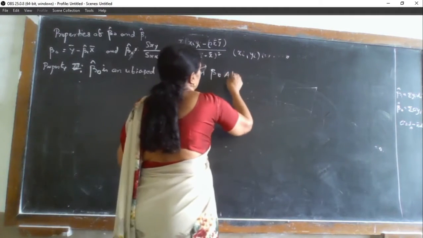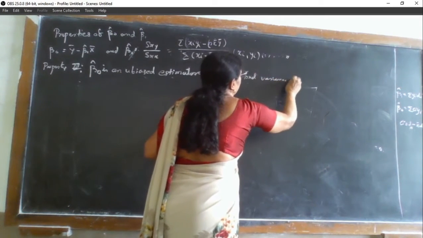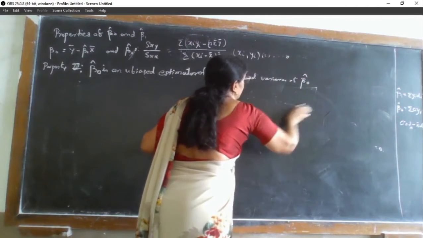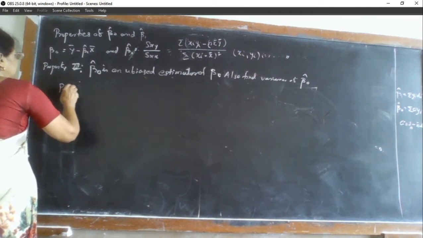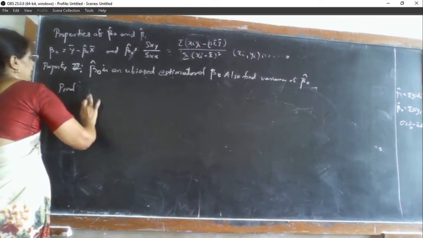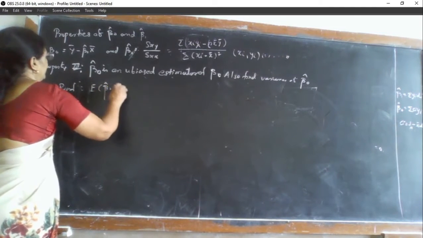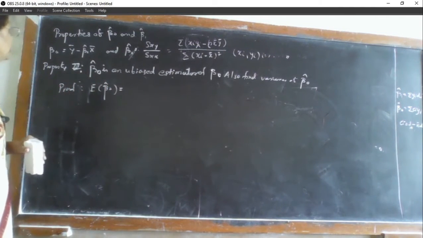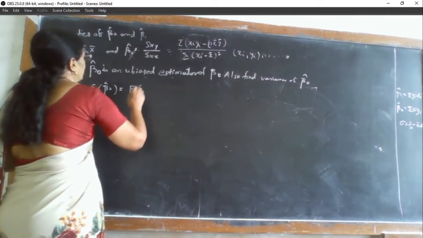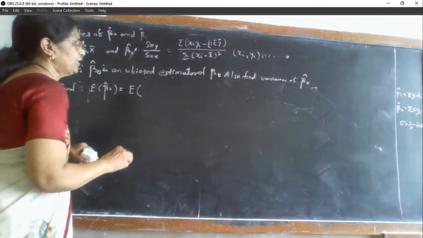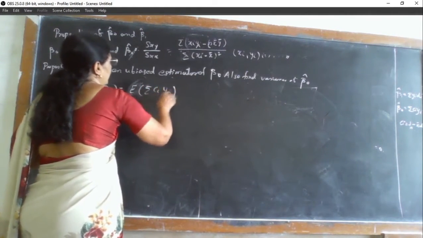We will also find the variance of beta naught cap. In order to prove this, let us consider the expected value of beta naught cap. It is summation of Ci yi.